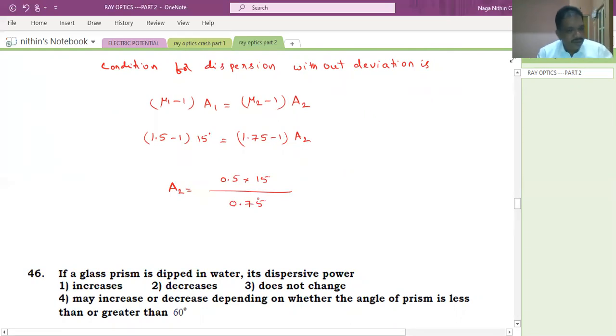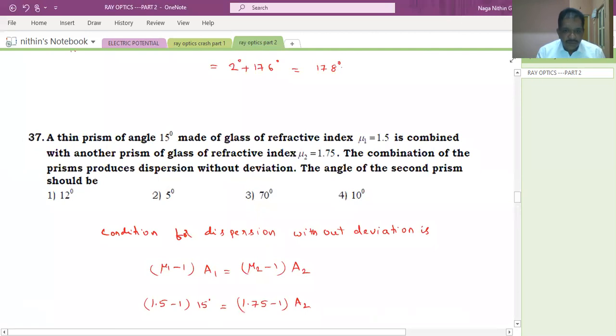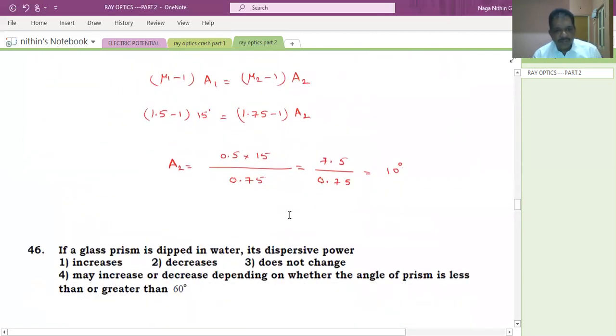If we calculate this one, finally we'll get this is 7.5 divided by 0.75, 10 degrees. Okay, so this is the answer for it.